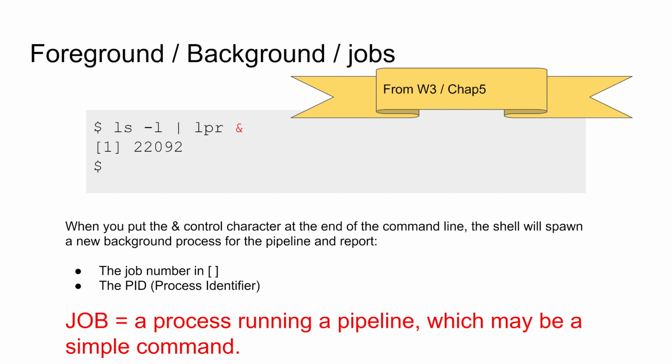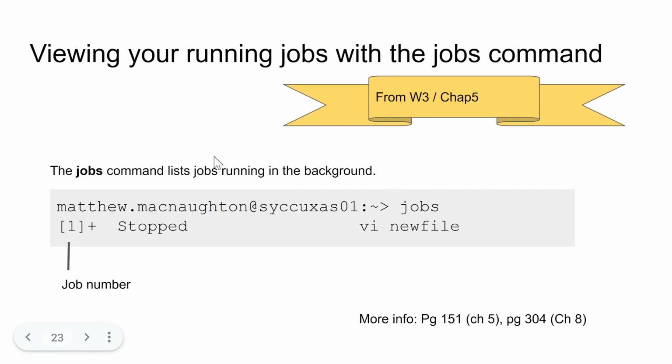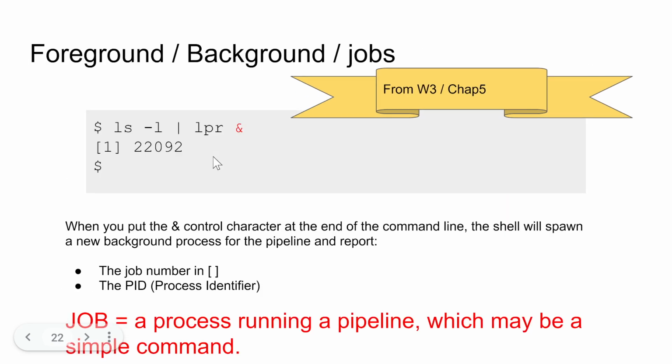So it's a distinction that needs to be made, but sometimes I will use the term job when I mean process, or I'll use them interchangeably, but formally, a process and a job are different things, and job control is what we're talking about now, and it's really kind of a bash idea, found in the bash shell with maybe different controllers in other types of shell. So this terminology applies to bash.